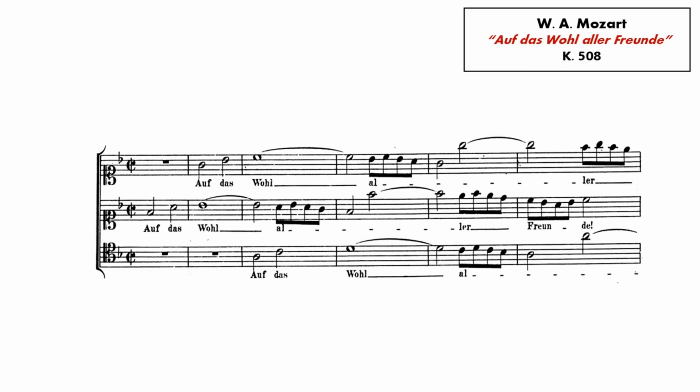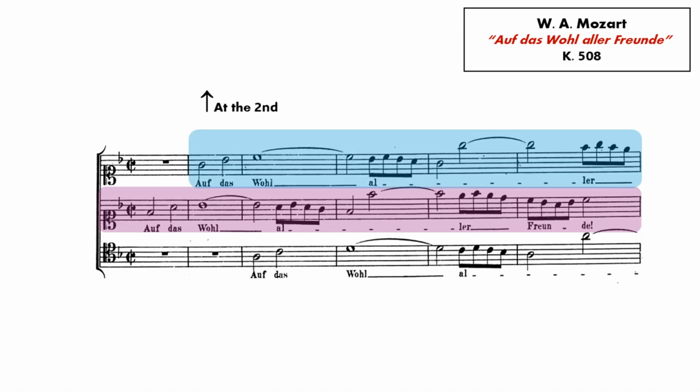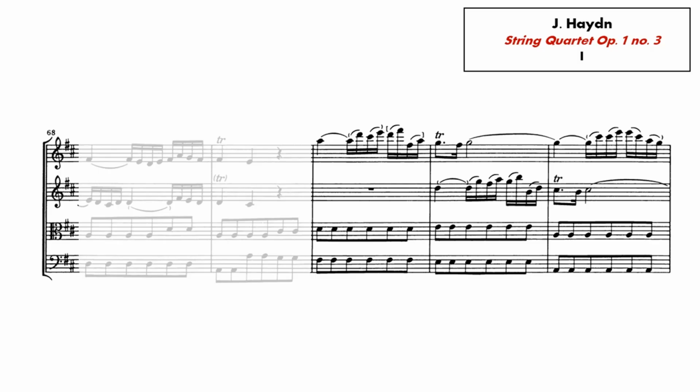The imitative voices may also be transposed to a different pitch, like in the following example. When the intervals of a transposed repetition are altered, we've got a tonal transposition.